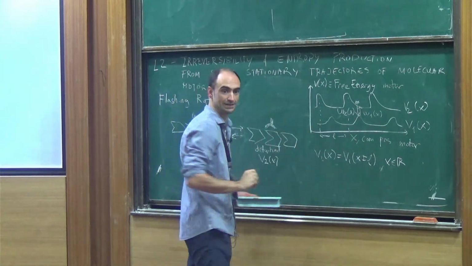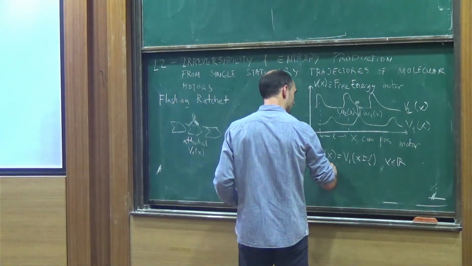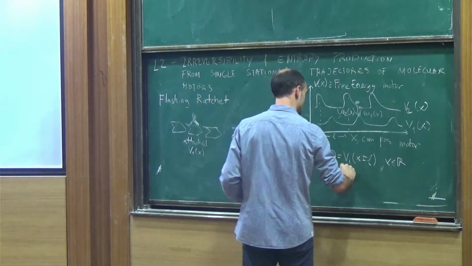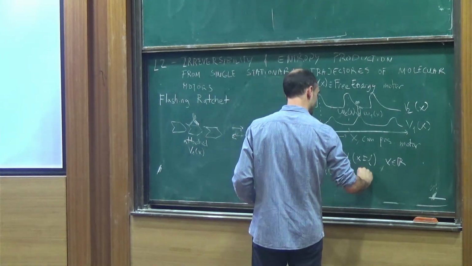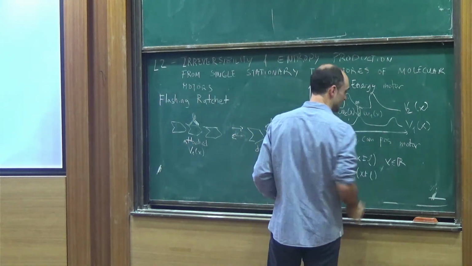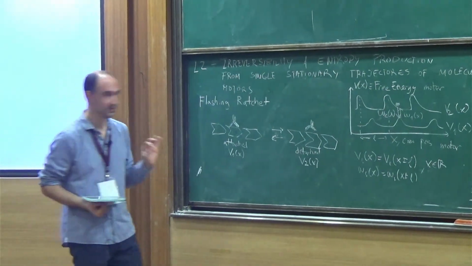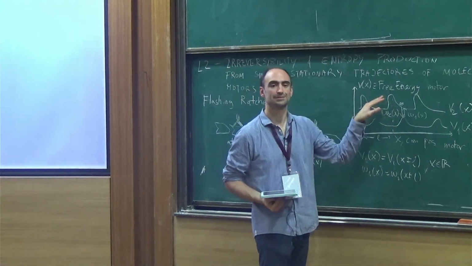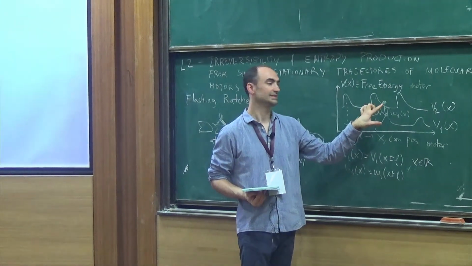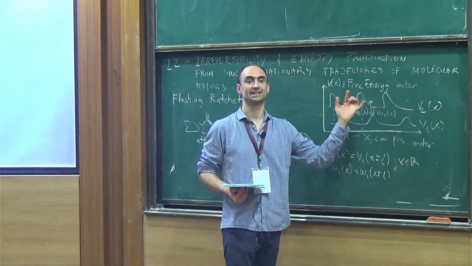And also the rates: omega_i(x) equals omega_i(x plus or minus n) for x in R. Periodic, but, very important, they are asymmetric, in the sense that if you flip the x-axis, they don't map onto themselves.